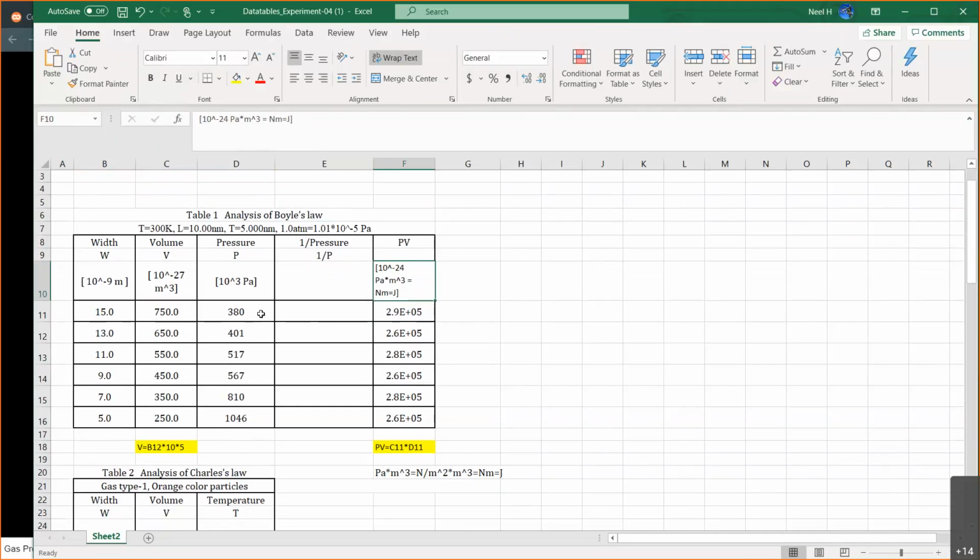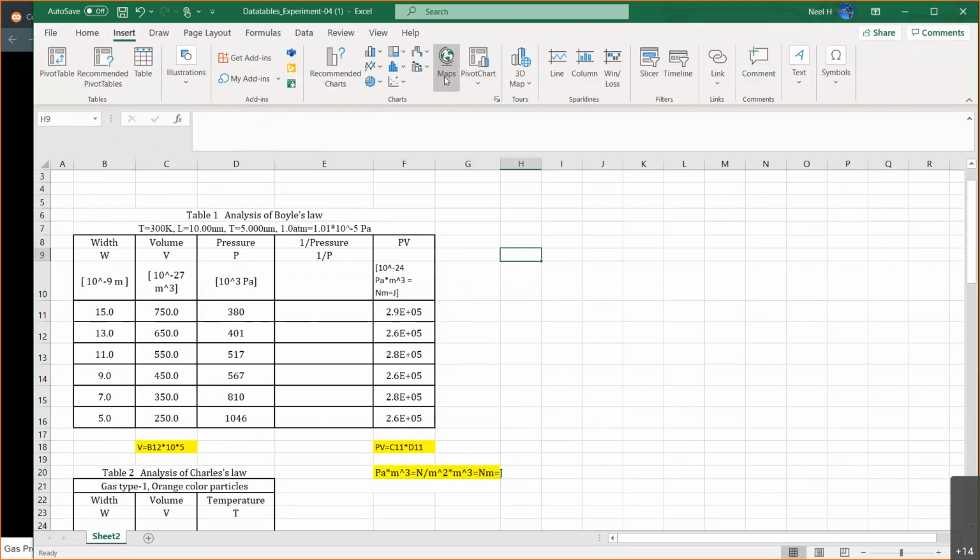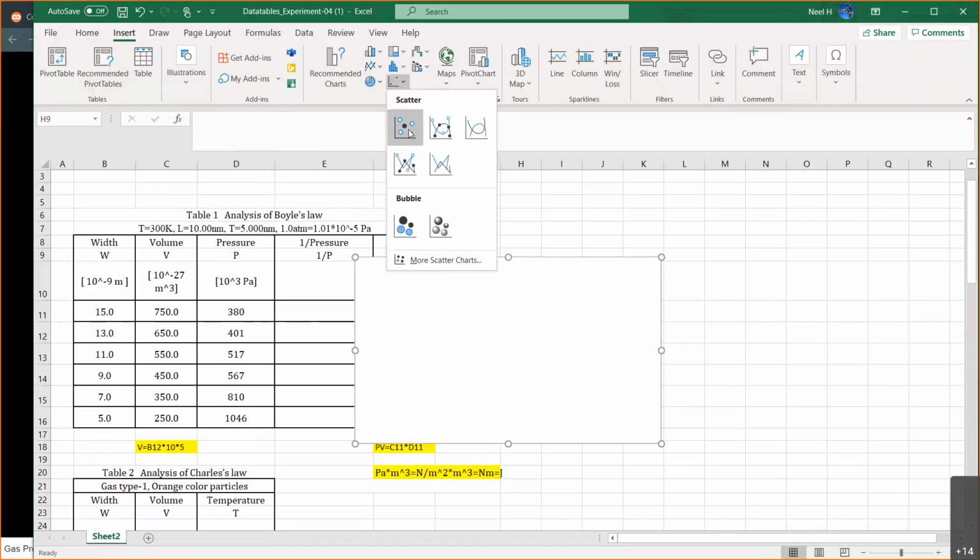Let's then make a graph. Let's make a graph PV. Here is the unit conversion which we did. Insert, and then in the middle right here, click on the insert on the very top. Then the charts, and then we're interested in scatter plot always.